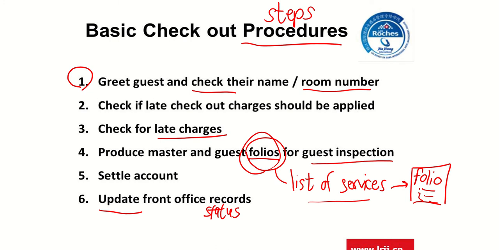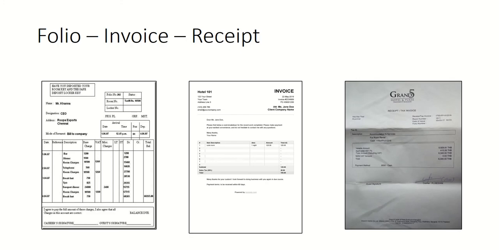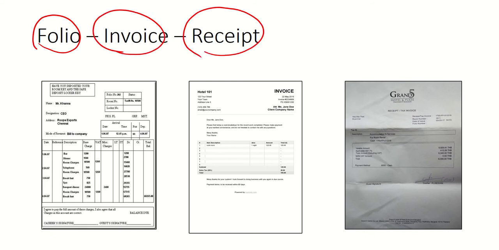Then this is the example. You can see there are 4 words here. The first one is folio. Like I mentioned, what is folio? Yes, a list of services.